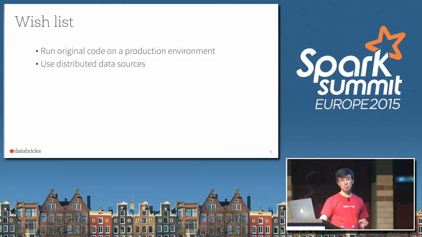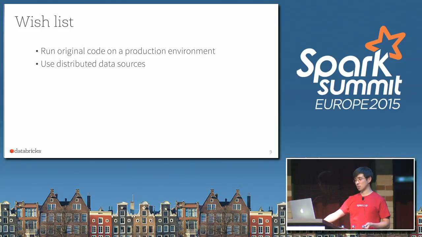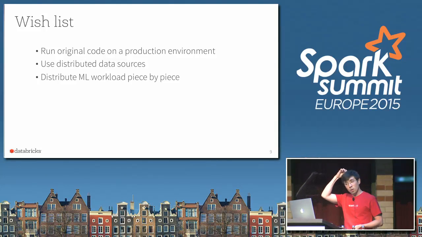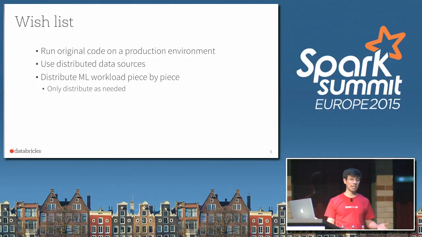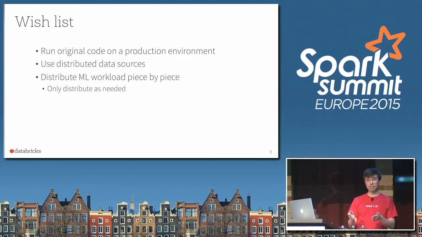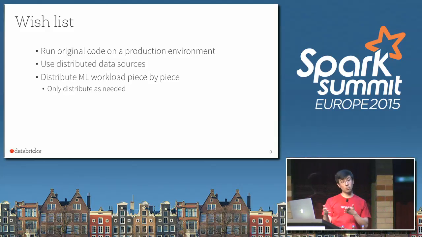So we want to be able to use the distributed data sources. We want to be able to distribute the ML workload piece by piece. And this is partly so that you can do it lazily. If you don't need to distribute something, why do it? But once you do need to, it should be easy to.